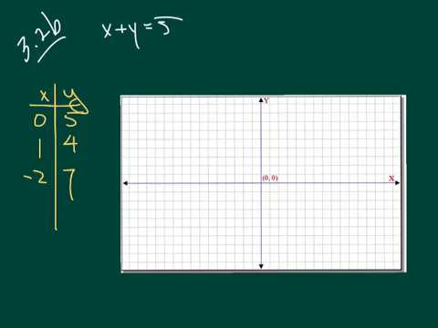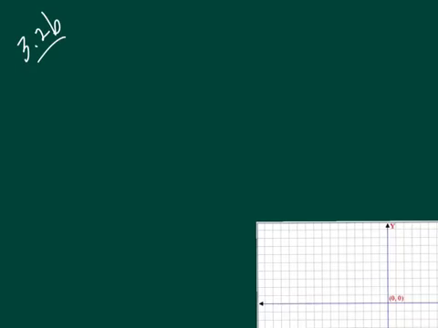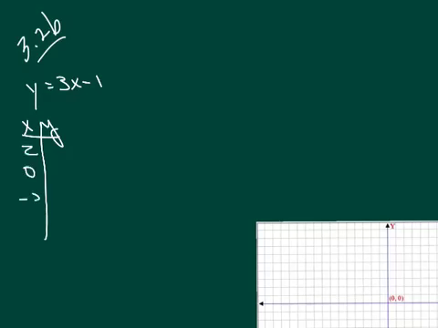Let's continue on with example number 5. Example 5, they're asking us to graph y equals 3x minus 1. All right, so first of all we need to make our little table. And let's use 2, 0, and negative 2, because you're only going to find 3 points.